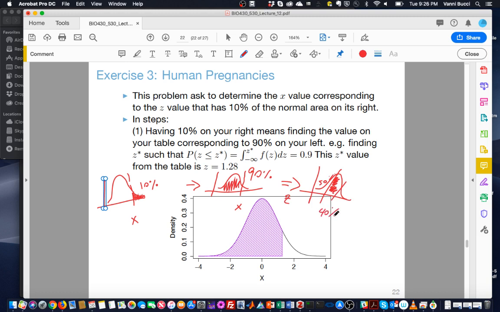So what value of z in your table has 40% here? If you go on your table, you're going to find out that z is equal to 1.28. At the value of z equal to 1.28, we have covered 50% plus 40%.